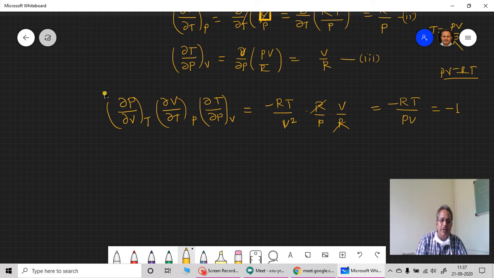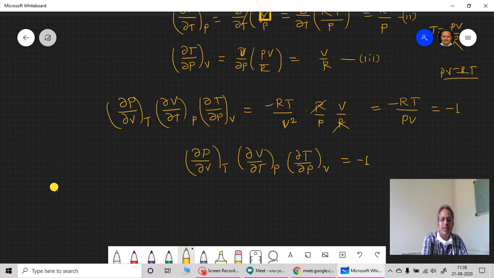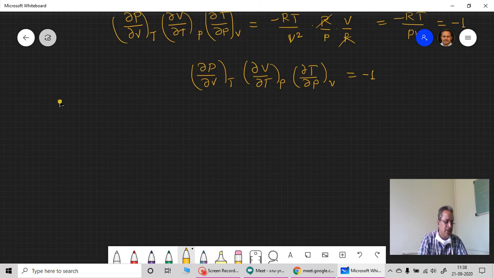Okay, and therefore we got this ∂P upon ∂V at constant temperature multiplied by ∂V upon ∂T at constant pressure multiplied by ∂T upon ∂P at constant volume is equal to minus 1, and that is how the cyclic theorem or the theorem 2 is also verified.